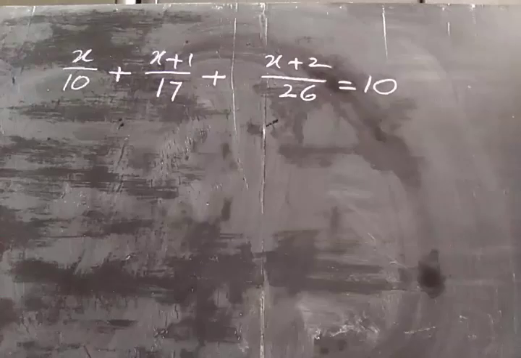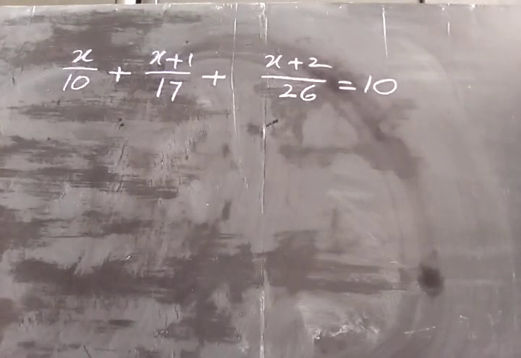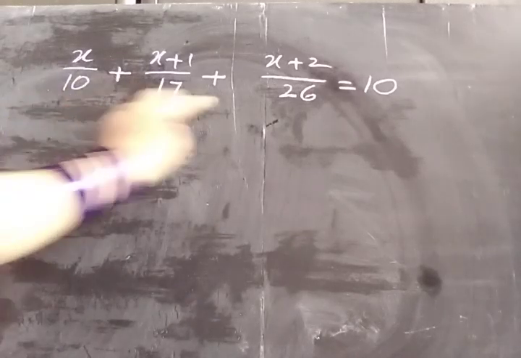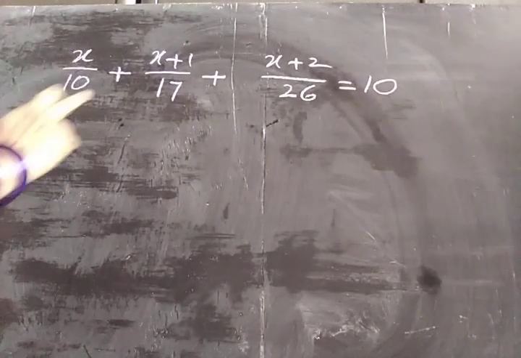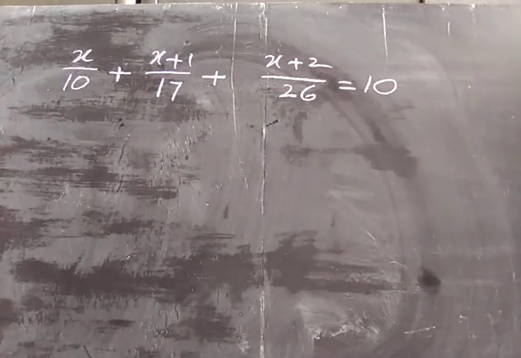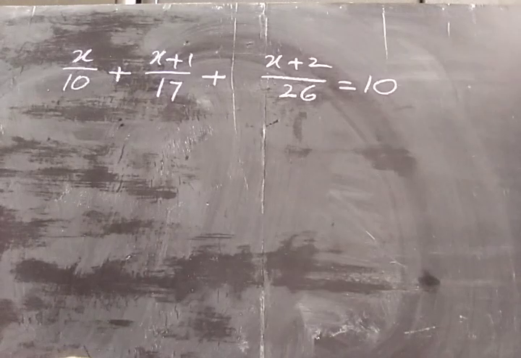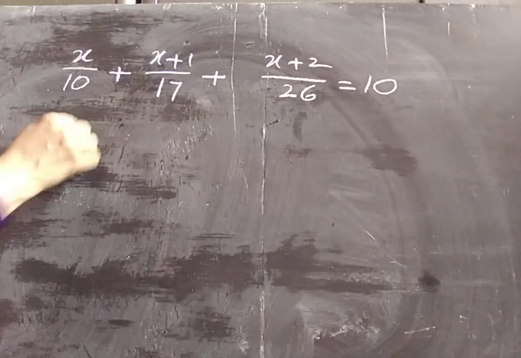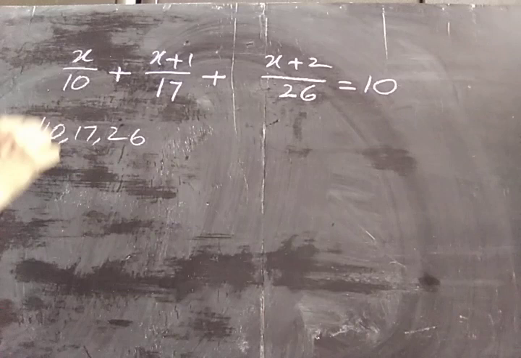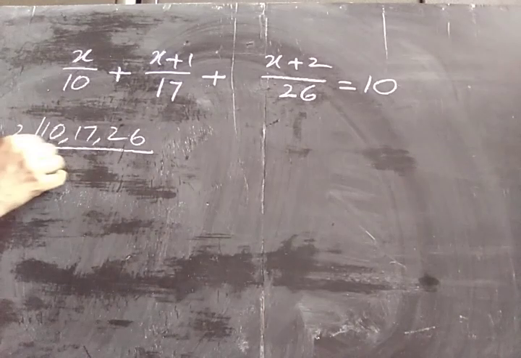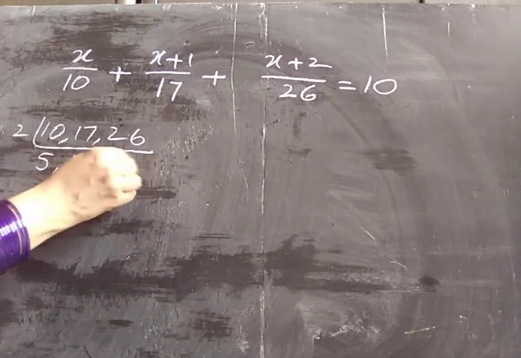Now, you got the equation. This equation you have to solve as usual. So, take the LCM of the denominators. 10, 17, 26. This is a big number only. You have to try, ma. 10, 17 and 26 LCM. 10, 17, 26. 2 5s are 10, 17, 2 13s are 26.